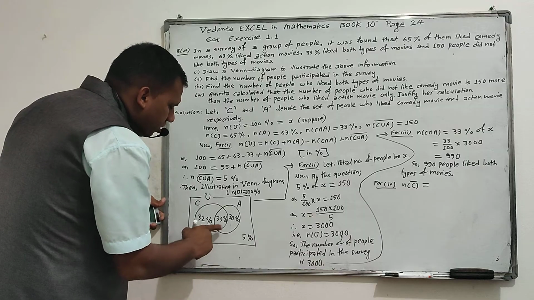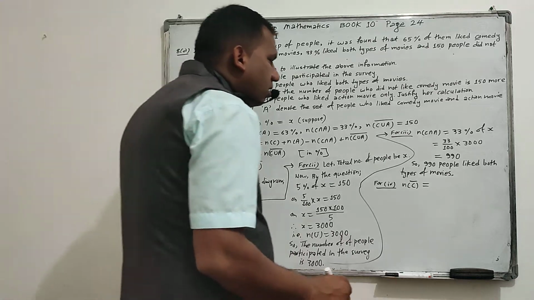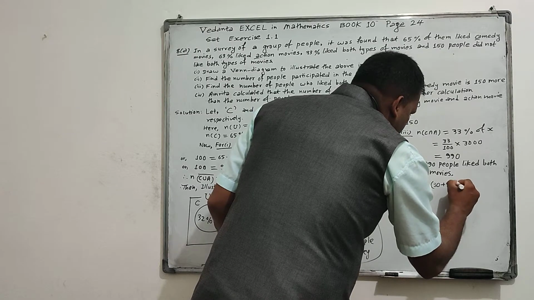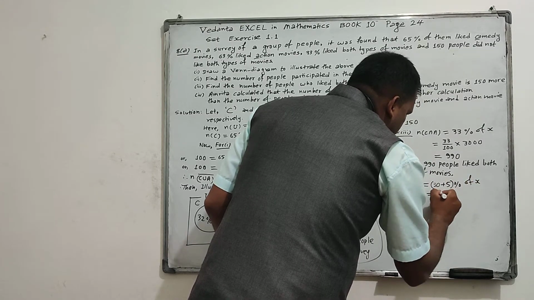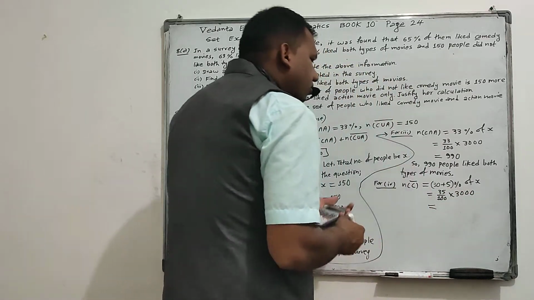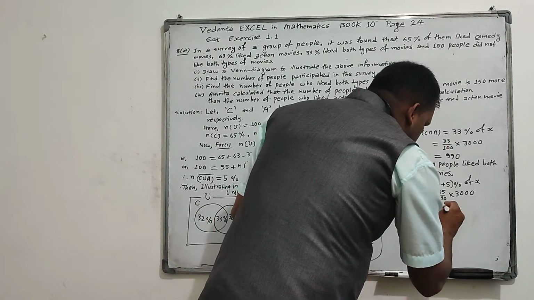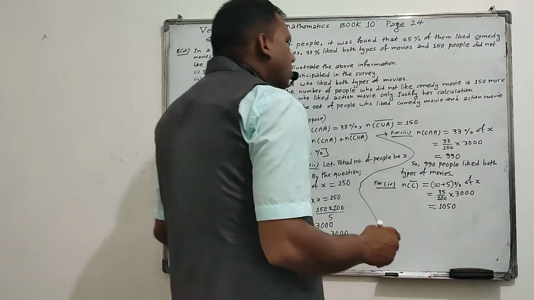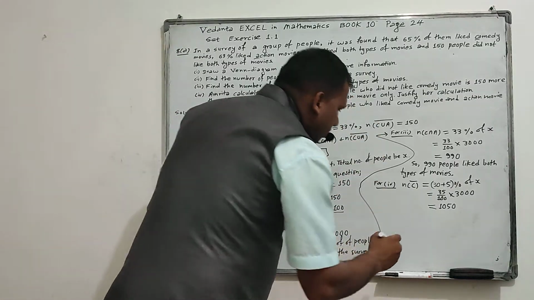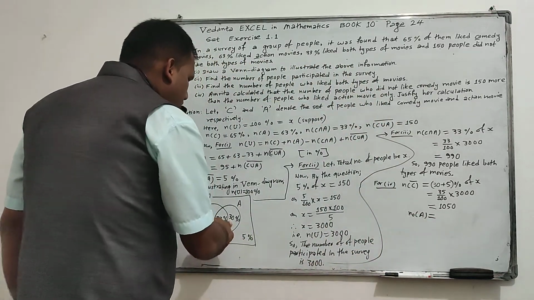From the Venn diagram, n(C complement) is the data outside C, 30 plus 5%, of X equal to 35 by 100 into 3000. It becomes 1050. And the other data is the number of people who like action movie only, that is n(A only). From the Venn diagram, it is 30% of X.